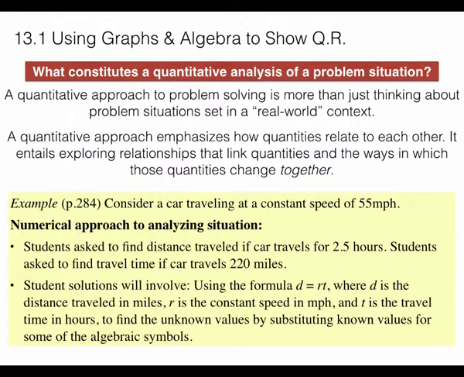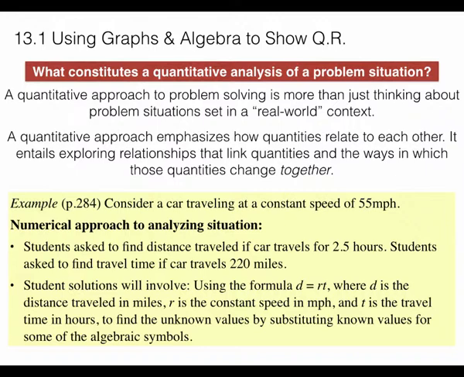No. It's a totally legitimate way to do mathematics, okay? But it's not a quantitative approach because it does not highlight the relationships between distance, rate, and time. It just assumes those relationships as given and proceeds, sort of blindly following a formula, okay?